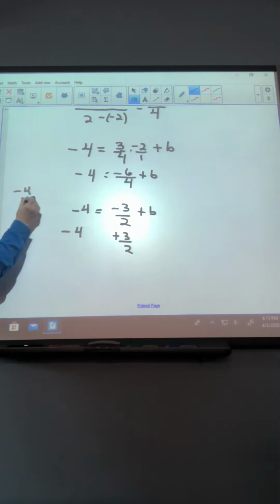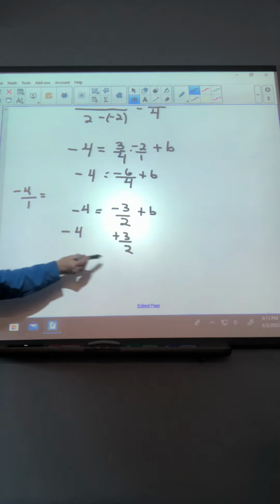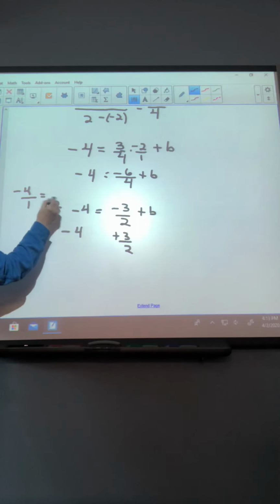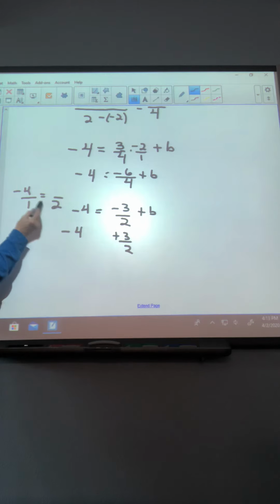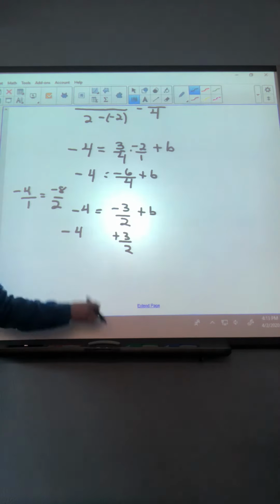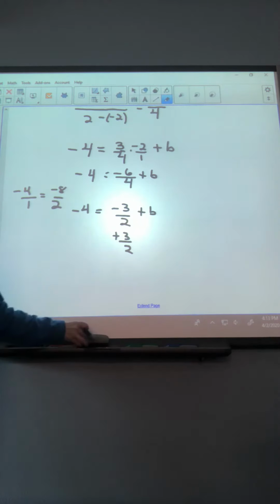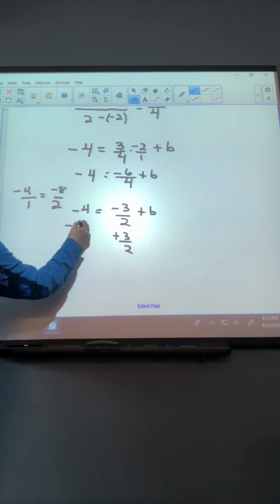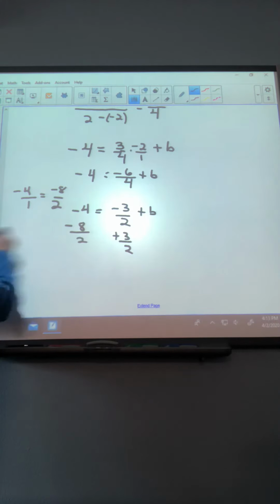So a -4/1 would equal to how many 2's? Okay, so you just multiply this denominator by the -4, and you get a -8. So instead of the -4, I'm going to write a -8/2.